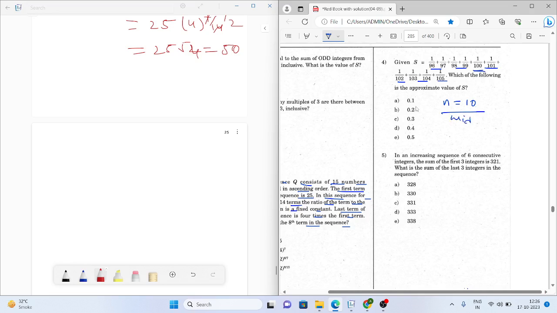So what is the sum? Sum is 10 by 100, which is 0.1. Answer is A. So you note down this, then we do the last question, which is the 5th question.